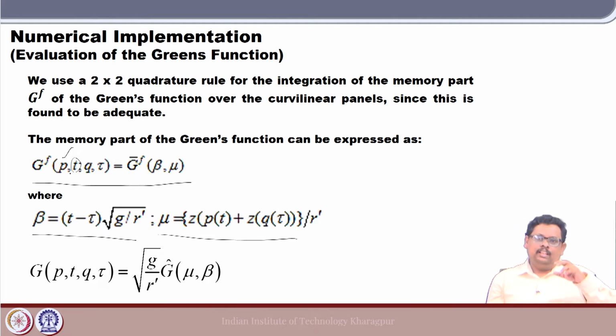What is that? Suppose at present time I try to compute the contribution of the source potential, but it is not sufficient to only consider the impulse that I am providing right now at, let us say, t equal to 10 seconds.